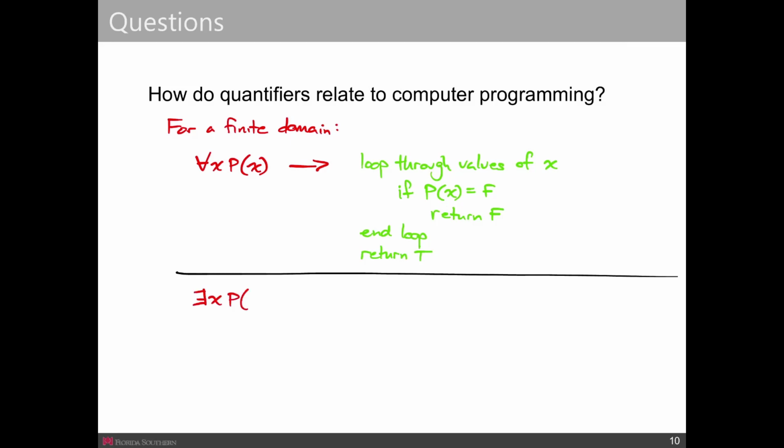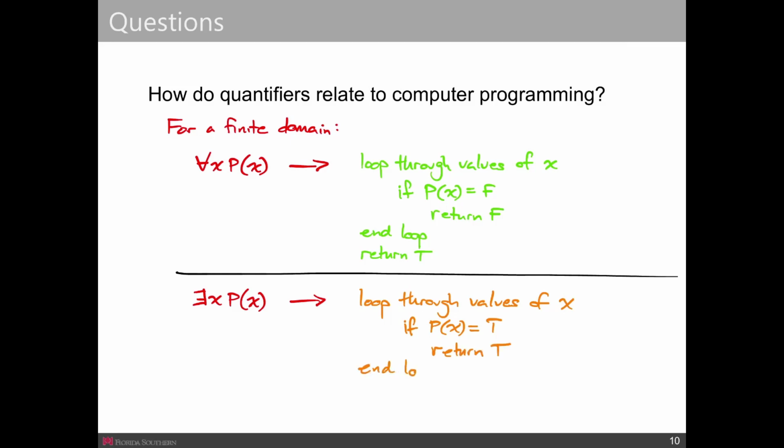We could do a similar approach for the existential quantifier. So there exists some value of x such that p at x: we loop through our domain, the possible values of x. And now instead of asking is p at x false, we're going to say is p at x true? If it is, we have found the existence of a value, so we're going to return true.